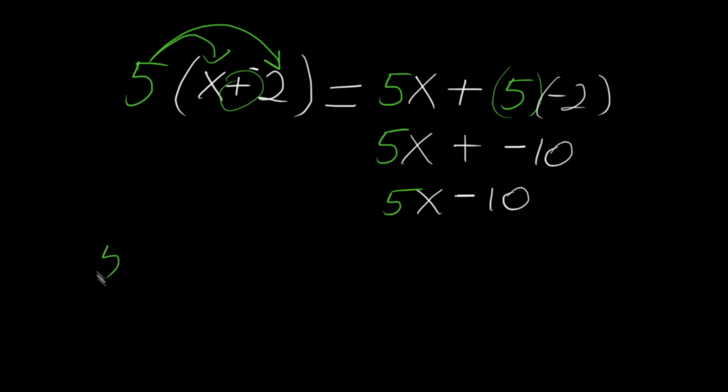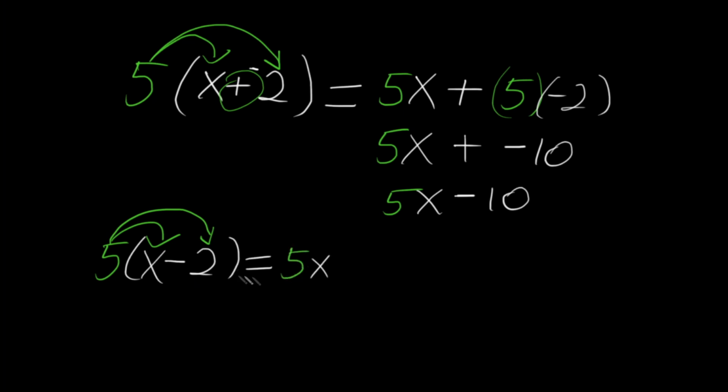So in other words, one more time, we have 5 times (x minus 2). That's the original problem. The 5x is the simple part. We know that's going to be just 5x. Here, we have to realize it's a positive 5. There's no negative here. Positive 5 times what really is a minus 2. So as long as we keep our sign straight, we know that 5x is the first portion.